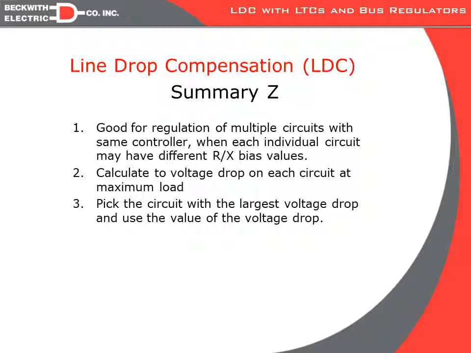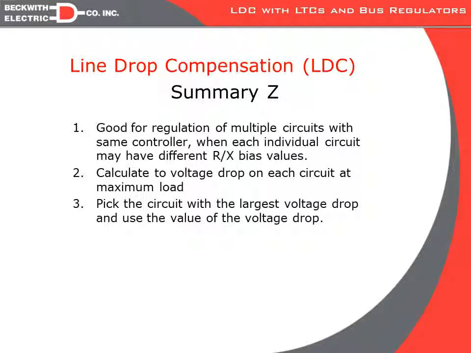So when using Z, we'd like to see the discrepancy between the different circuits to be no larger than between 4 and 6 volts. And if the discrepancy gets larger than that, then we need to look at either putting in some capacitor banks or some line regulators to try to keep that voltage drop between all the circuits between 2 and 4 volts.